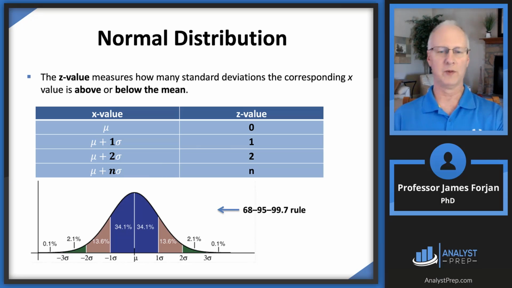Then you move out 1 more standard deviation, and about 95% of all outcomes fall within 2 standard deviations of the mean. Within 3 standard deviations of the mean, it's about 99%. In our finance research, we kind of assume the 68, the 95, and the 99. But as you can see, those significant digits are more than just being able to be rounded up. In my brain, this is the way I teach my students.